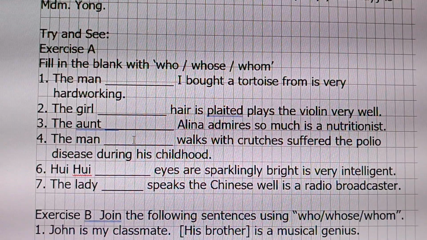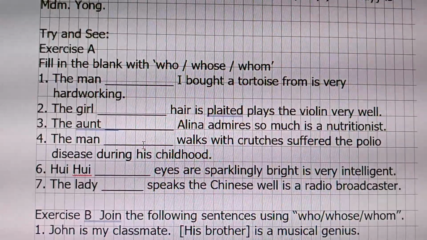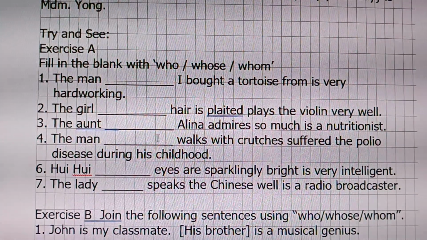Okay, the man who walks, you see, after it is followed by verb. So of course we know that this is the subjective case or nominative case. The man who walks with crutches suffered the polio disease during his childhood. You can even leave out who and turn this one into form 2, right?